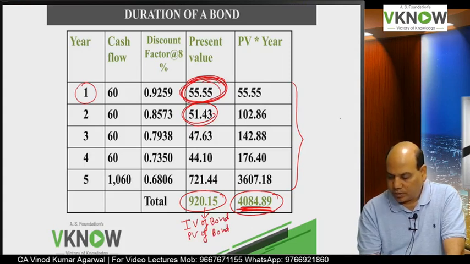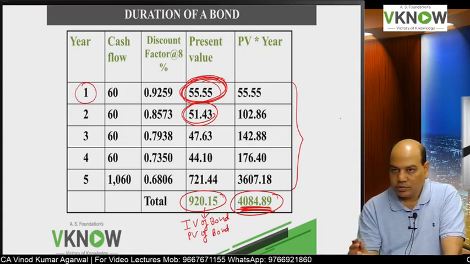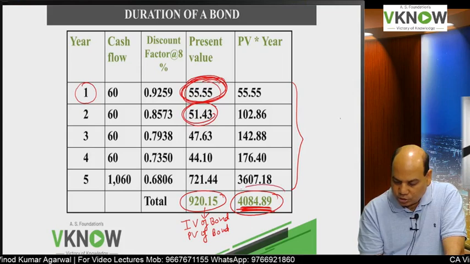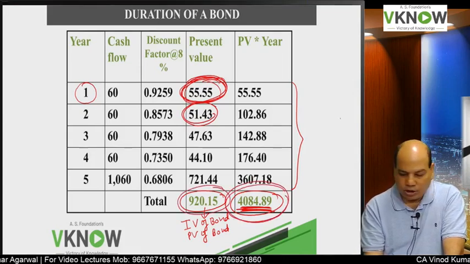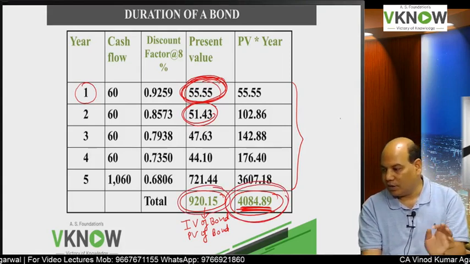Okay. And now we will calculate the duration. Duration is the total of this column divided by this column, and your answer will be less than 5.